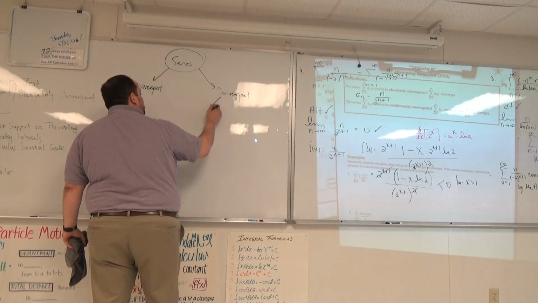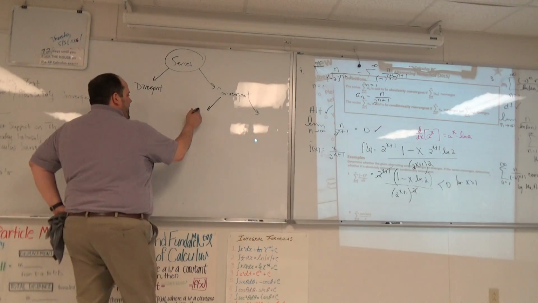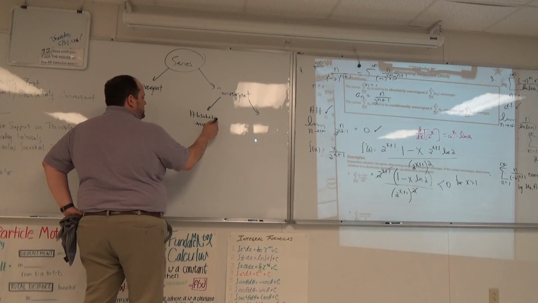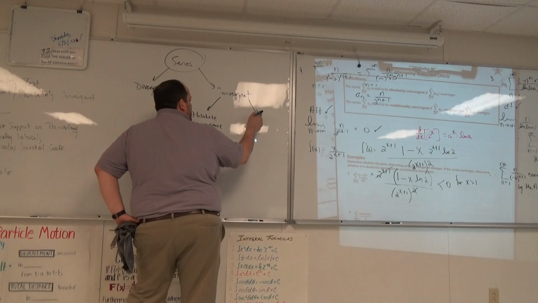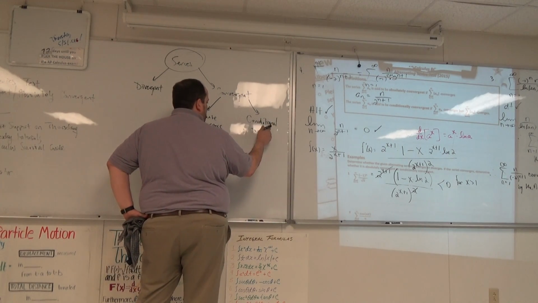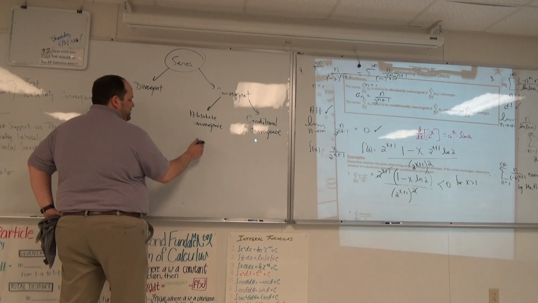In the world of convergence, there's two flavors. There's absolute convergence and conditional convergence. And this is what it means for a series to absolutely converge.